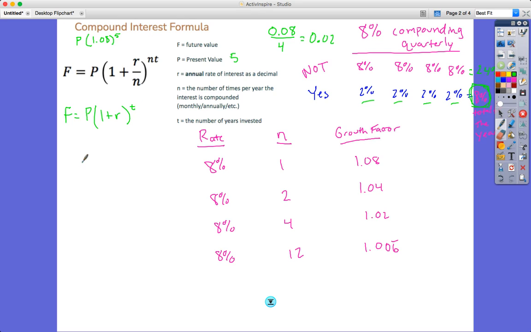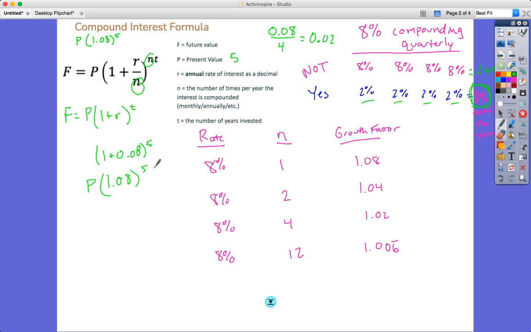If it was 8%, we'd say 1 plus 0.08 to 5 years, so 1.08 to the 5th, and multiply times what we're trying to find that of. But these adjustments happen if it's not just happening once a year.